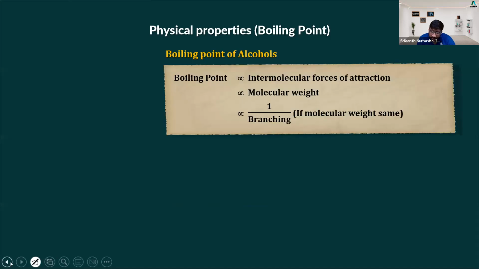Boiling point of alcohols is directly proportional to intermolecular force of attraction, which is directly proportional to molecular weight, and which is inversely proportional to branching. Because if branching is high, what happens? You will acquire a spherical shape. Whenever we have a spherical shape, the van der Waals force of attraction is going to decrease.